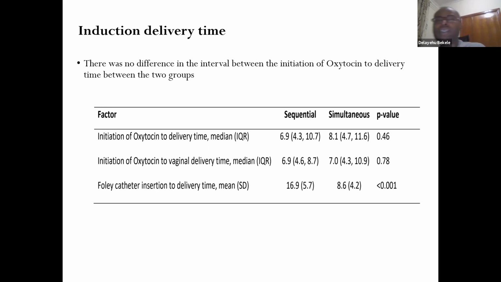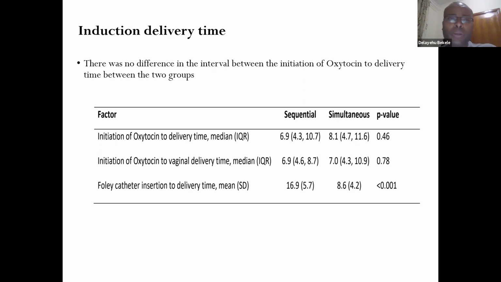Looking at the induction to delivery time, there was no difference in the interval between the initiation of oxytocin and delivery between the two groups. The median induction to delivery time was 6.9 in the sequential group and 8.1 in the simultaneous group.